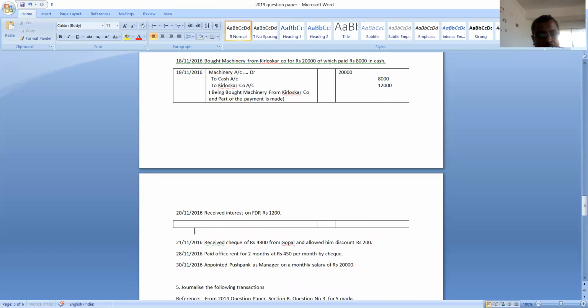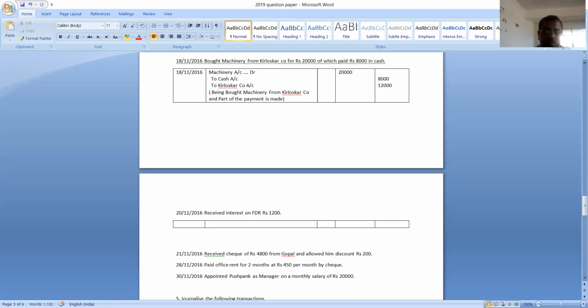How many accounts are you finding here? Actually, here we are finding two accounts. Received in the sense that we have received cash, so one is cash account, and another one is interest account.